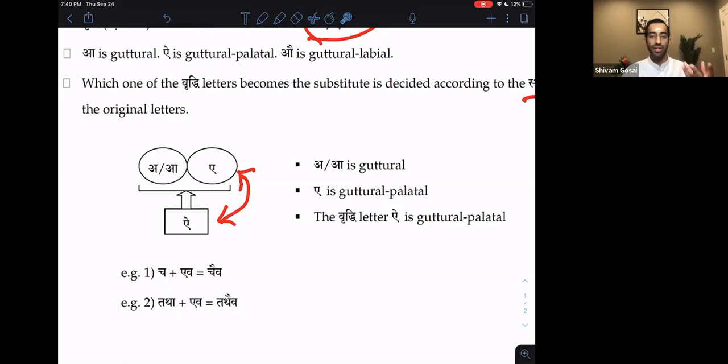So when I have avarna next to e, they get replaced by ai. If I have cha plus eva, then the a and that e both get replaced by ai. So chaiva. Same with the next one, tatha plus eva, the akara plus e, both get replaced by ai. So tathaiva.